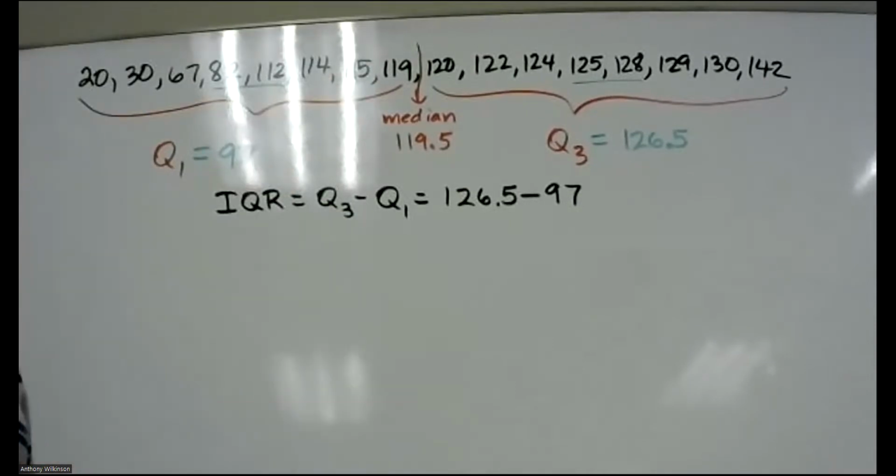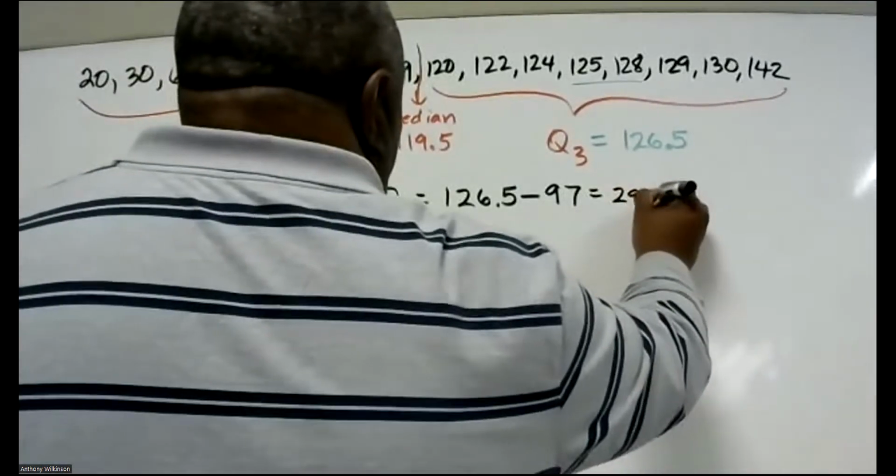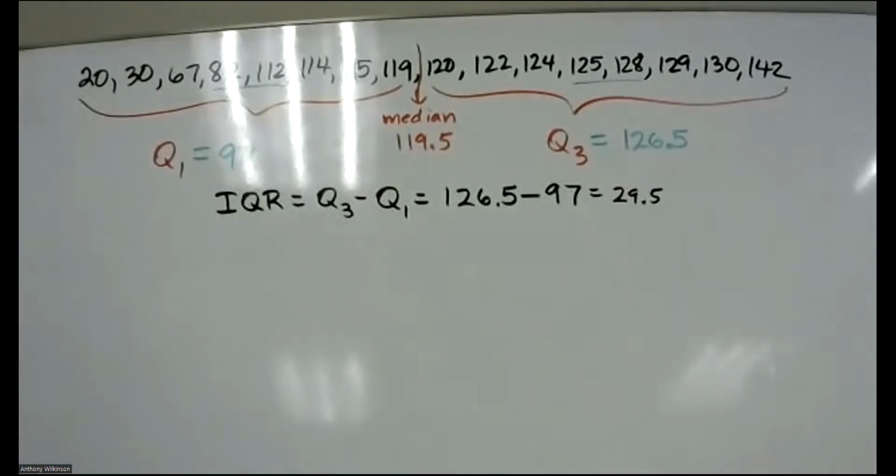So if I subtract 126.5 minus 97, the interquartile range will be 29.5.